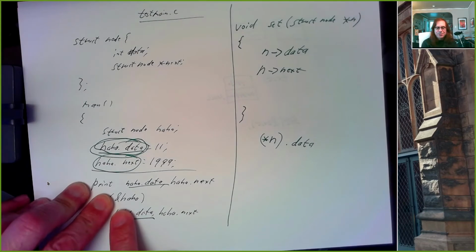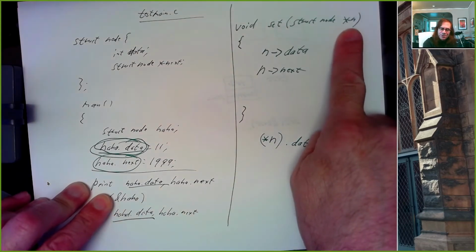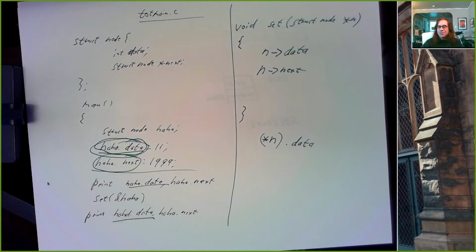It's just a copy. But if I look at that copy as a pointer to memory, it points to the same thing that haha refers to. So we're kind of doing a pass by reference, even though we're always passing by value. And this is no different from what scanf does when you pass ampersand i, so that scanf can change the value of i. That's the same mechanism we're using here.